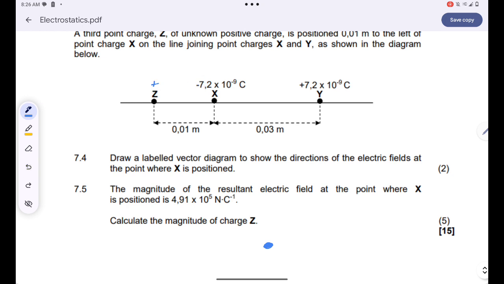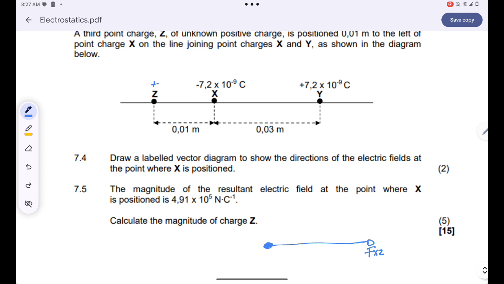So sphere X will basically attract sphere Z. What will simply happen is that sphere Z will be moved towards the right as a result of charge X. So this is the electrostatic force between X and Z.